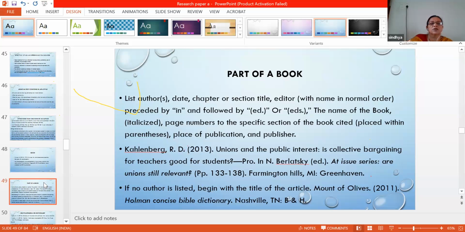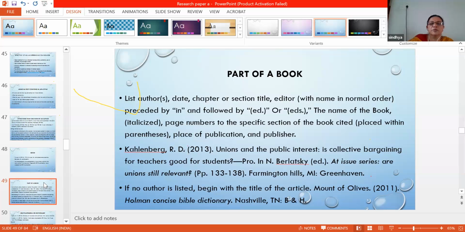List the author; if there is more than one author, you can include all the authors' names, then the year of publication, name of the chapter, followed by the editors. Then the name of the book and page numbers of the specific section, as given in the format here. Farmington Hills is the place of publication, followed by the publisher.